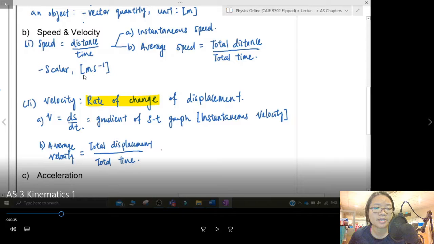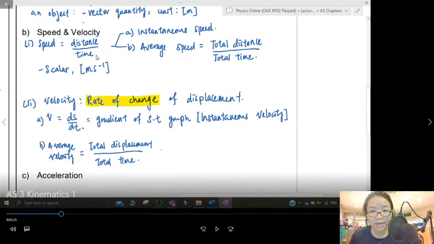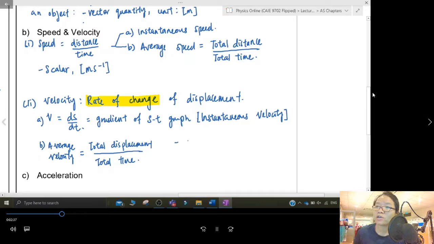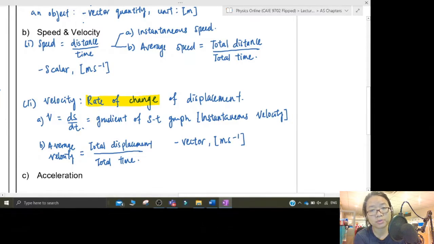The idea here is, how is my displacement changing over time? Because of this, that would be called velocity because it depends on how fast you are moving. This is as usual a vector quantity. Since displacement is a vector, unit will be meter per second.